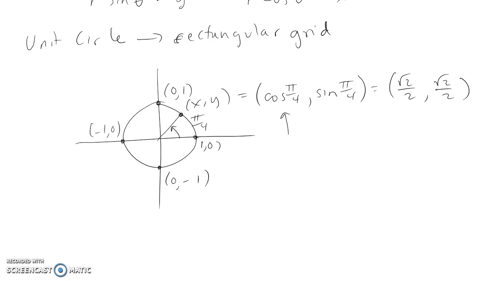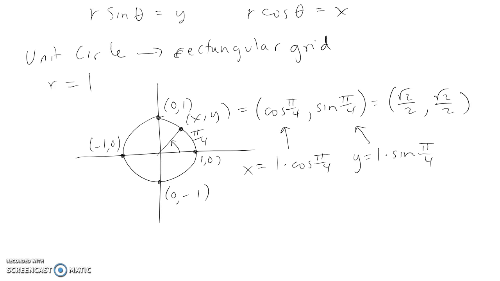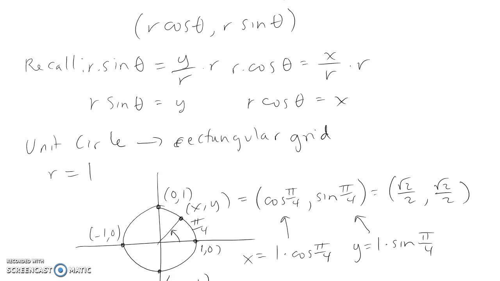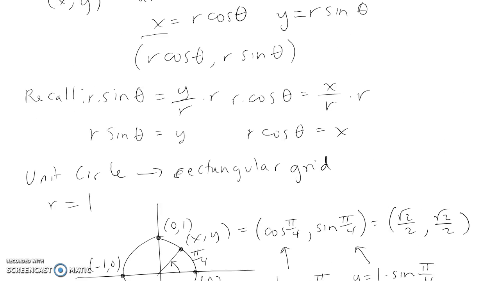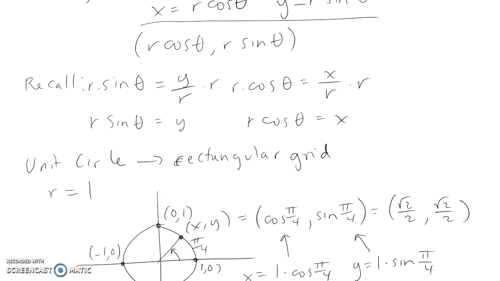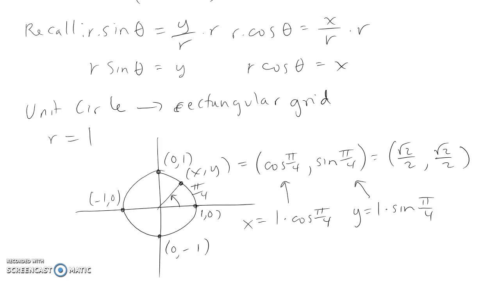Since the unit circle has radius equal to 1, cosine pi over 4 is the same thing as 1 times cosine pi over 4, and sine pi over 4 is the same thing as 1 times sine pi over 4. The cosine pi over 4 is the x, and 1 times sine pi over 4 is the y. So we see again this idea that x is equal to r cosine theta, and y is equal to r sine theta that we defined above. It's just that here our r was a 1.